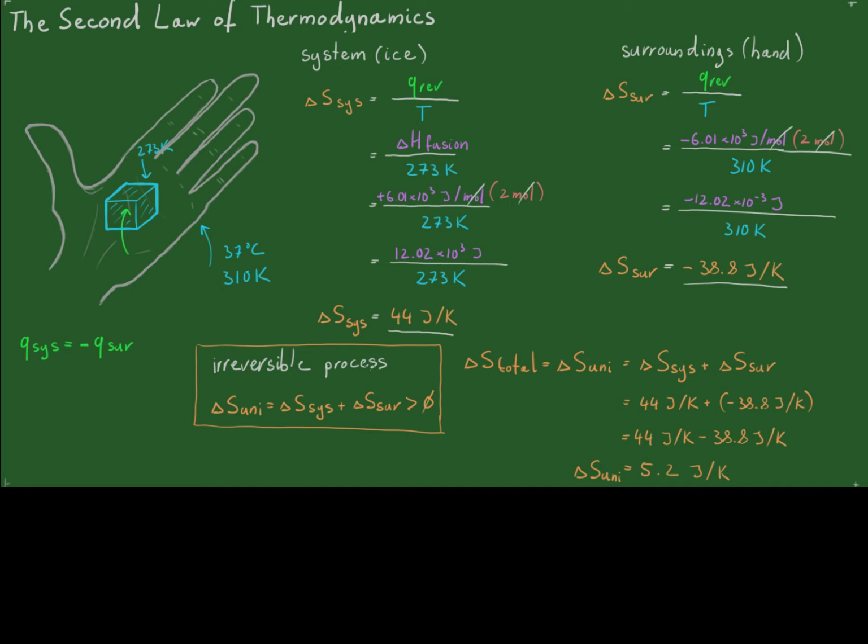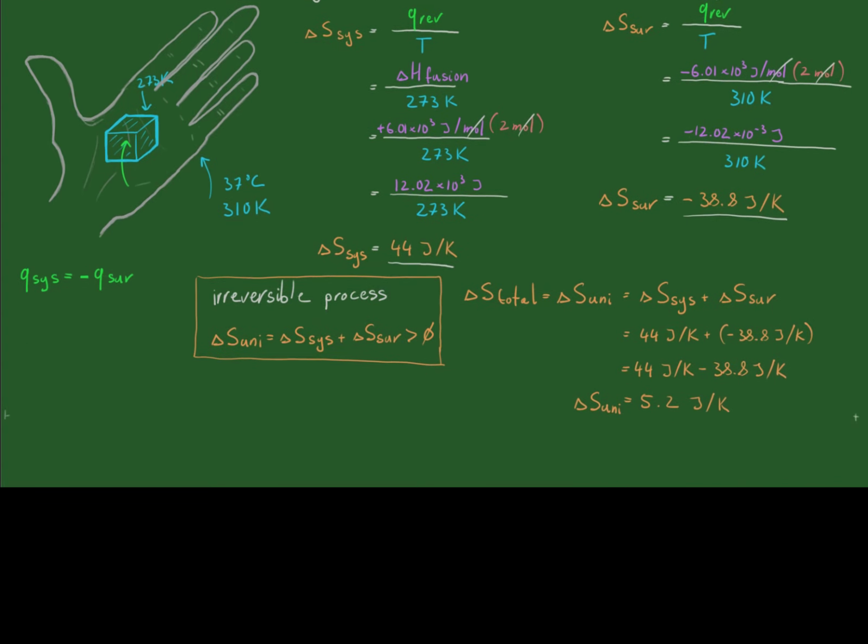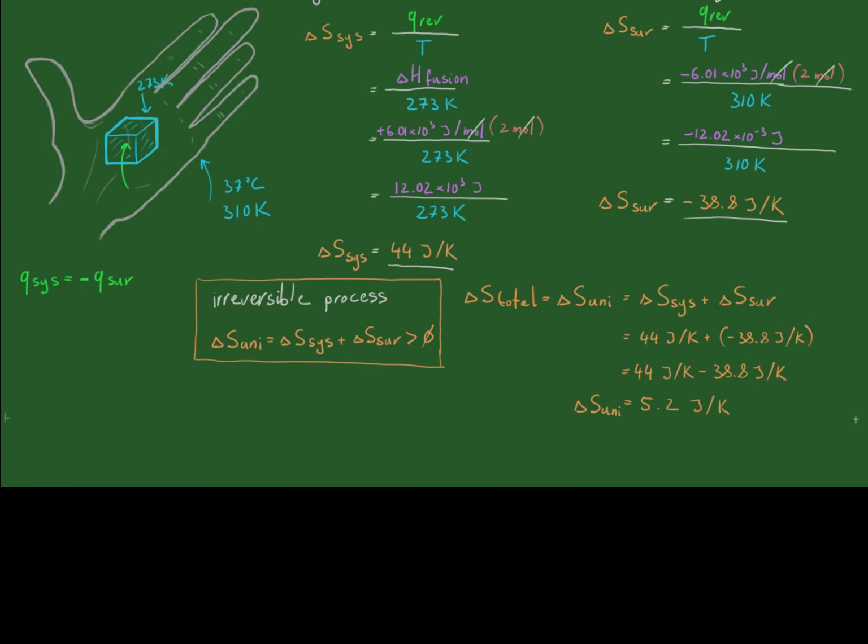Now, I should mention one more thing here. Remember that in real terms, every process that we see around ourselves is actually irreversible. But even if we could have a reversible process, so let me write that down, a reversible process, what would that mean? That would mean that there is no change in entropy.